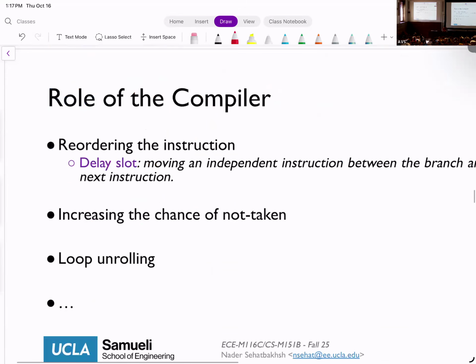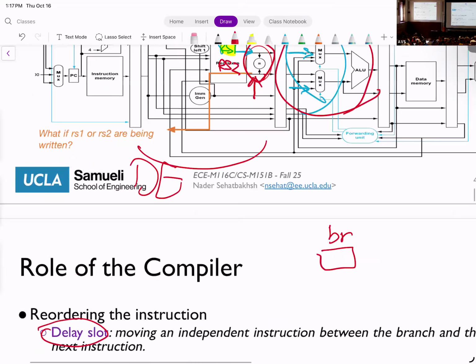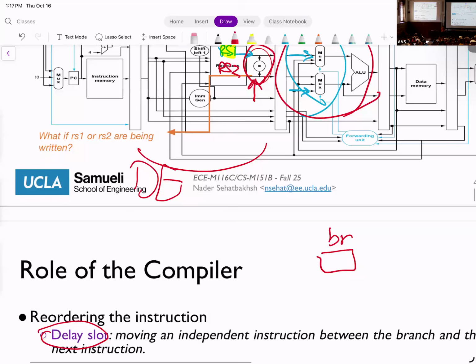This is what is usually referred to as a delay slot. Essentially, there is a branch, and the next instruction after the branch is very likely to be flushed, right? So assuming that your branch predictor is not so accurate, if I have a design like this, the instruction immediately after the branch is going to be flushed.